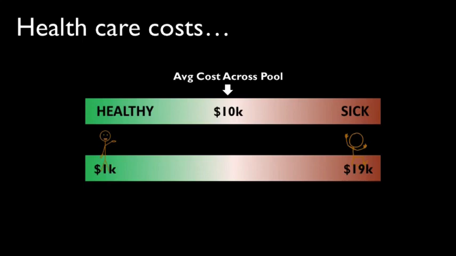The alternative situation of them not having employer-sponsored insurance would not be them paying $10,000 out of pocket for insurance. The alternative would be them having to pay $19,000 out of pocket for insurance. So if they didn't have employer-sponsored insurance, they'd get hit twice.